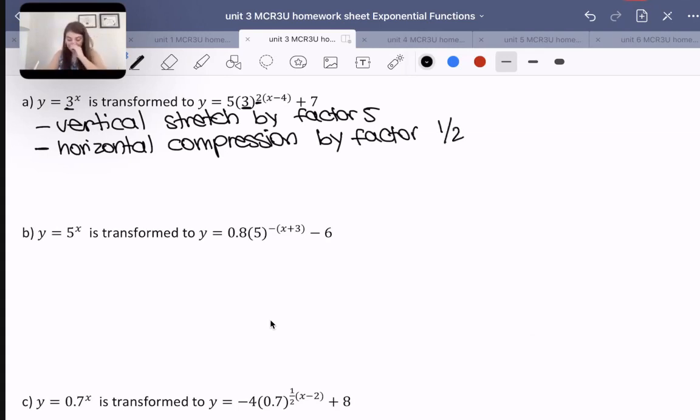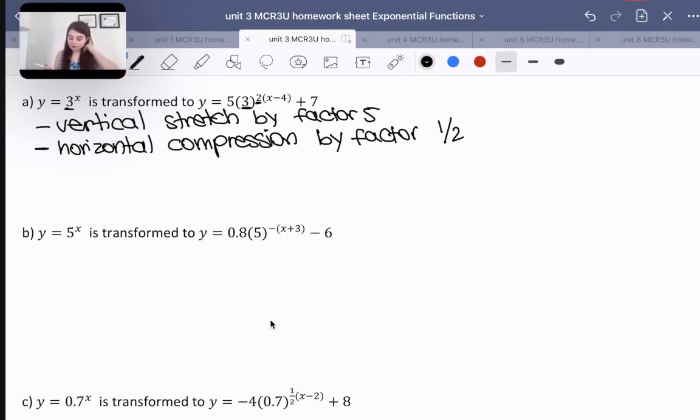Because originally we had 2, and for any k value, we take the reciprocal and the absolute value in order to know what we are multiplying by, to know what our factor is.